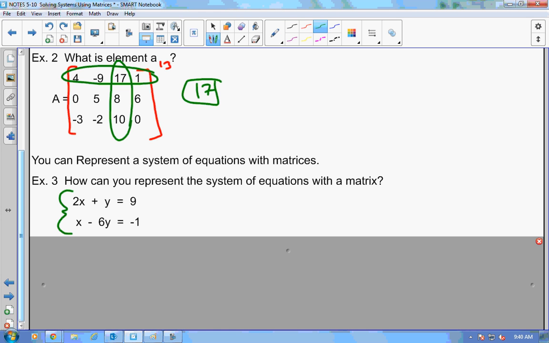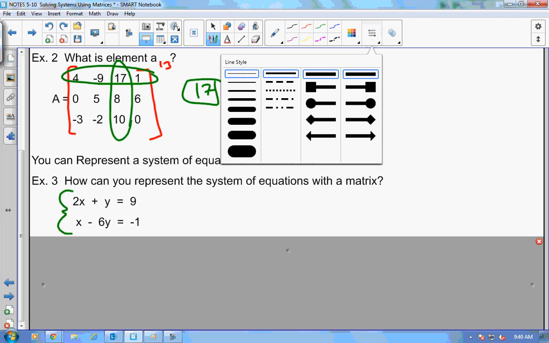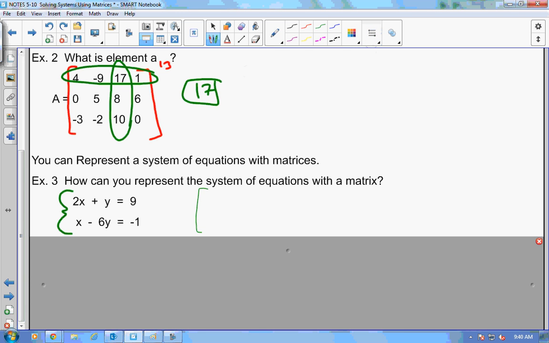Well, there's order to it. You're going to have an X column, a Y column, and a constant column or solution column. In this case, my X column would be the coefficients. 2 on top.